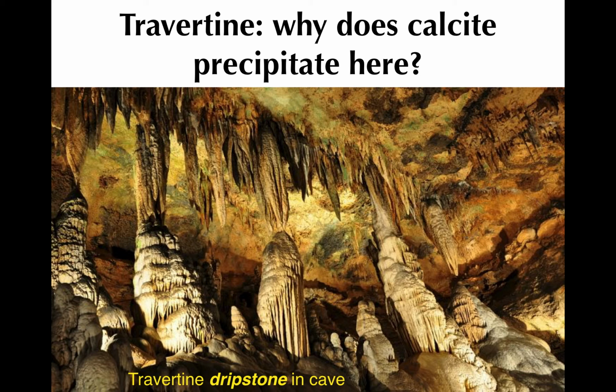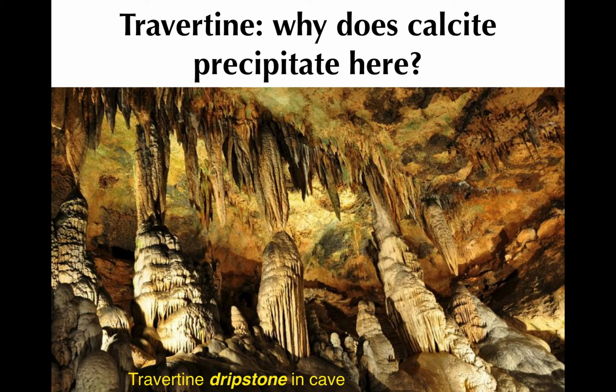carbon dioxide is also present in groundwater, both by interaction with the atmosphere and also interaction with plant roots and organic acids in soils. So groundwaters are typically highly charged with CO2 and therefore can dissolve quite a bit of limestone.